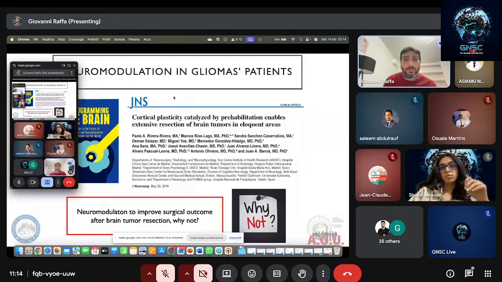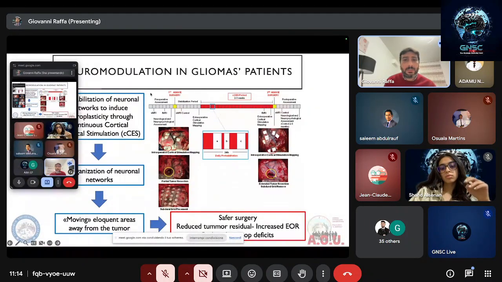I want to show you what they found. They performed the first surgery as an awake surgery. They performed intraoperative mapping. They found some spots that were really eloquent, so they were not able to resect some portion of the tumor.